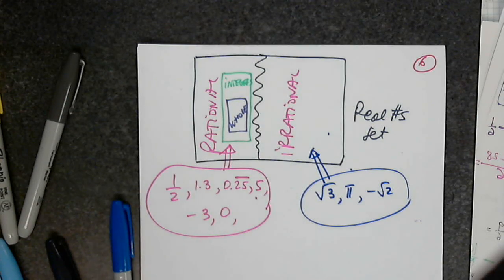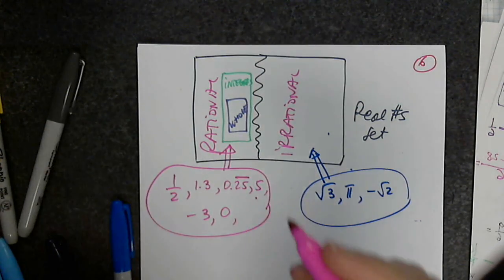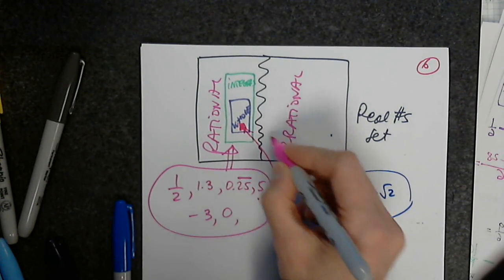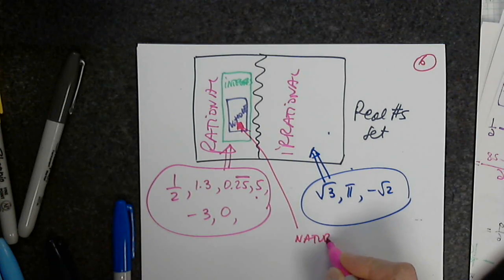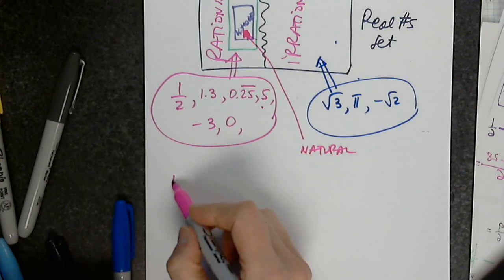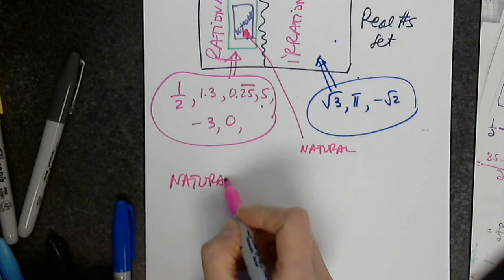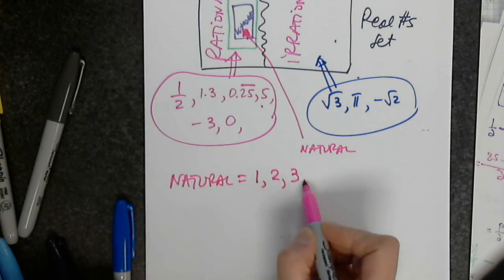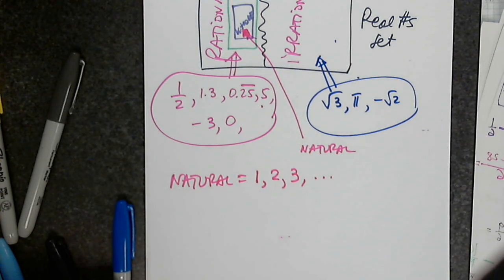And inside of this subset, I have a smaller one called natural. Natural numbers are 1 through infinity, so natural. They are 1, 2, 3, and so on and so forth in the same pattern.